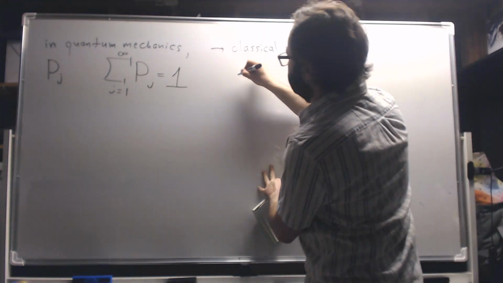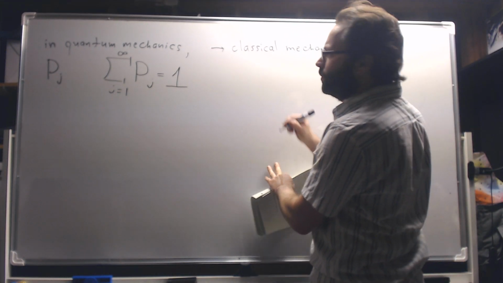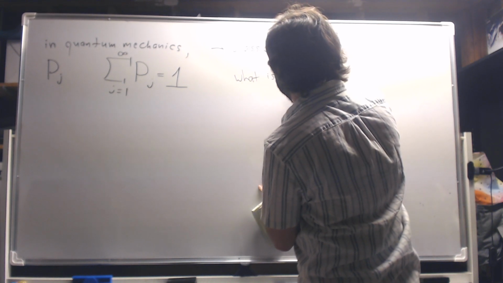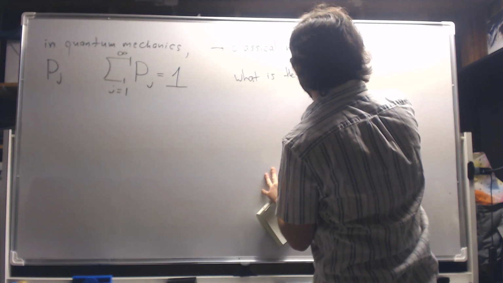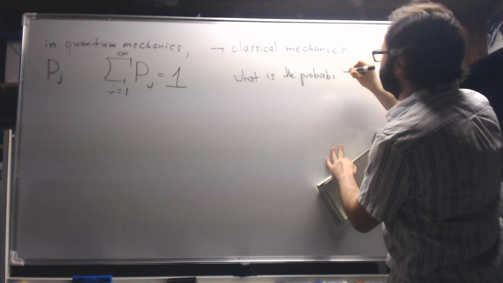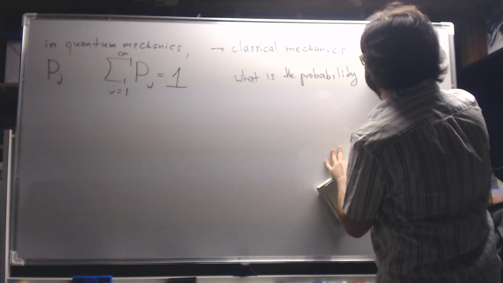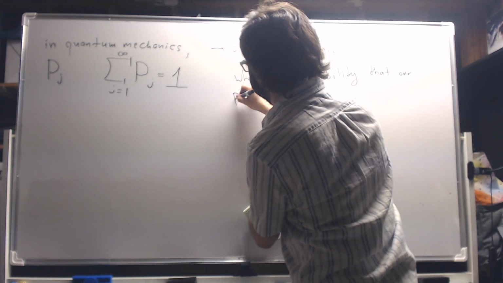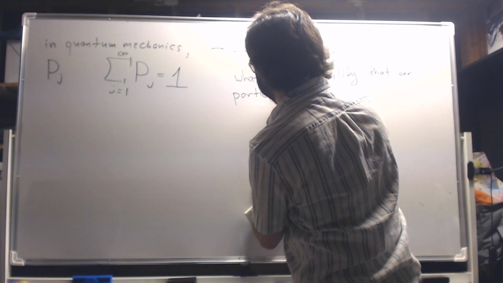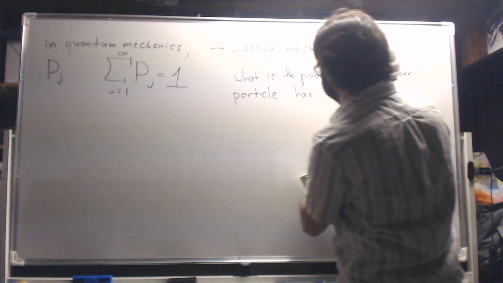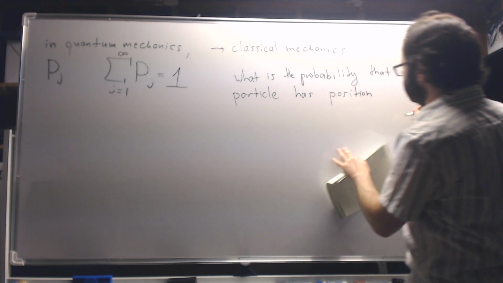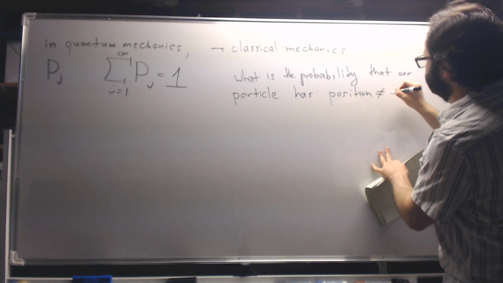We modify our question, and we ask: what is the probability, and let's do this for a single particle, that our particle has position not equal to x, y, z.